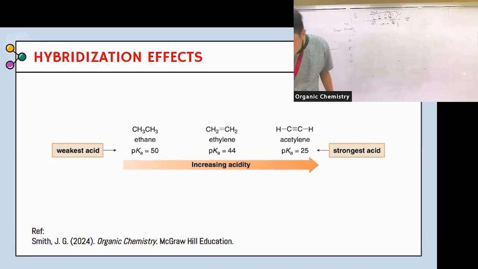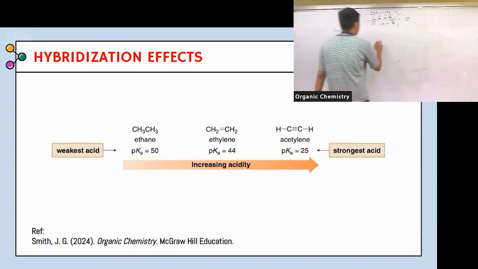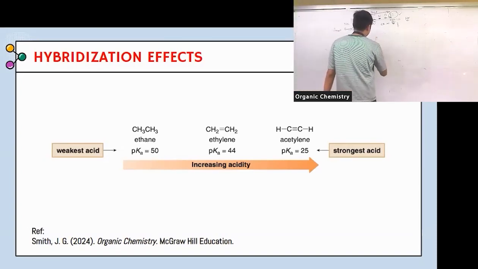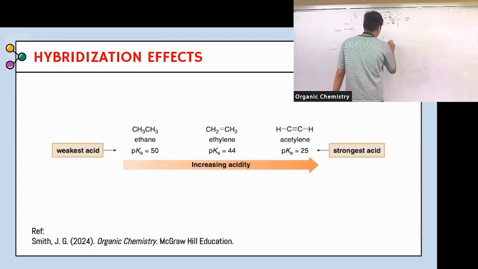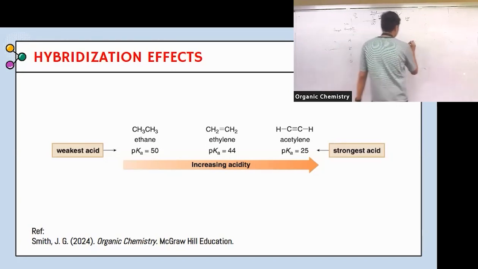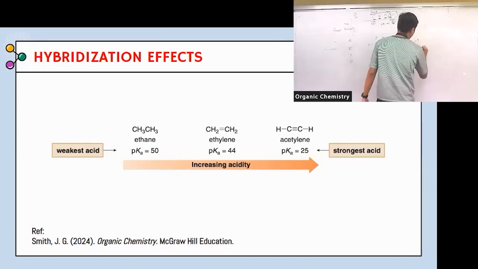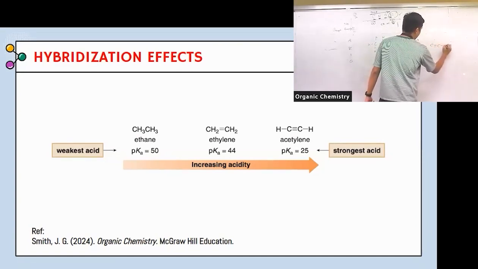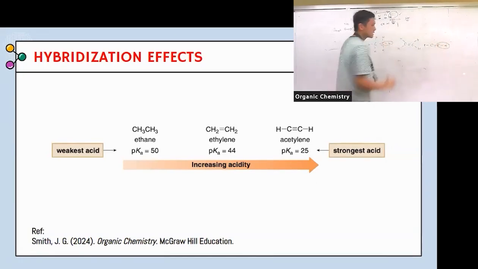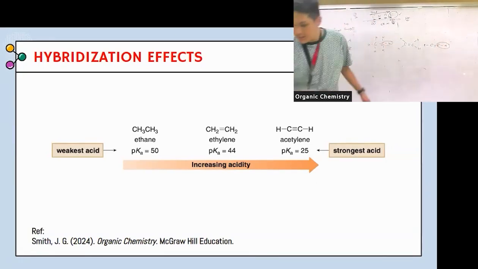It shows that the triple bond C is a lot more acidic than the single bond C. So this is a lot more acidic than this. So that is what we see in this data. So next slide, please.